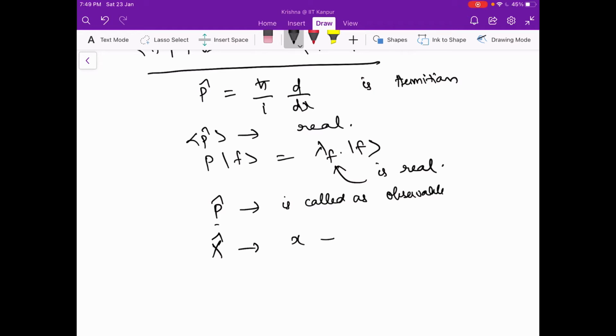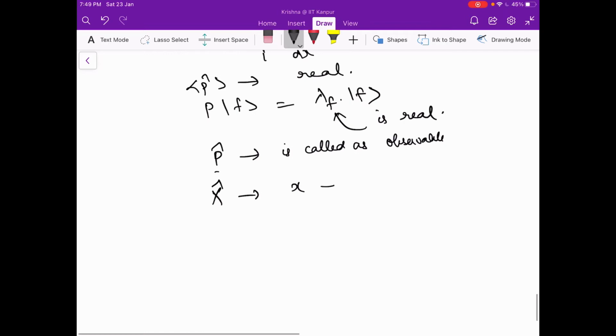Okay, let's proceed further. Let f_p be an eigenfunction of p. There are many functions in this Hilbert space, out of which I'm just taking only one function f_p, which is an eigenfunction of p.